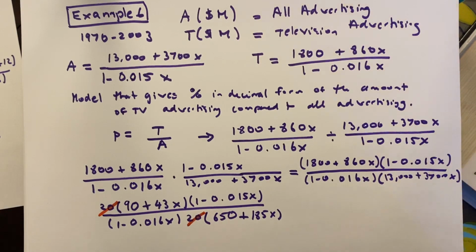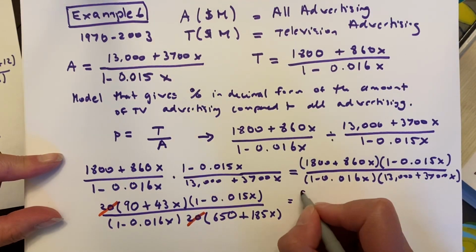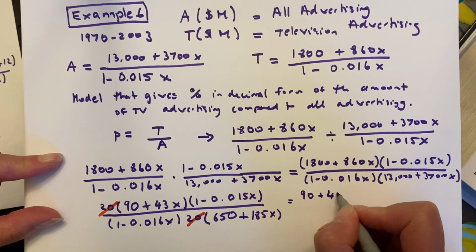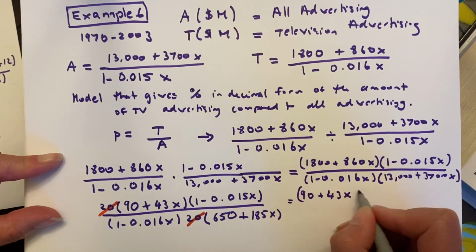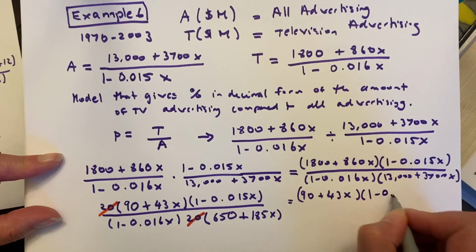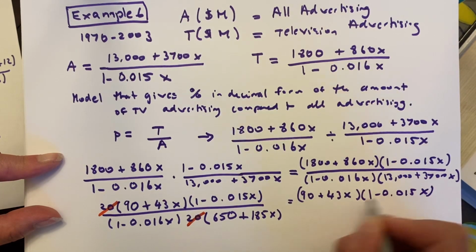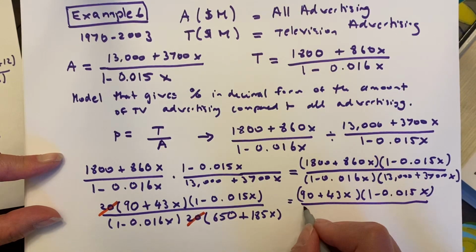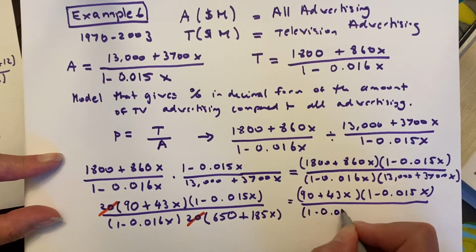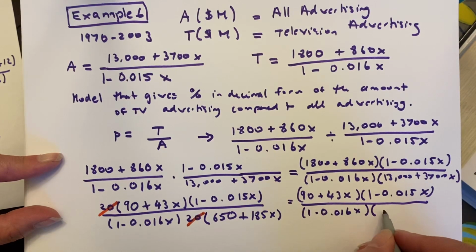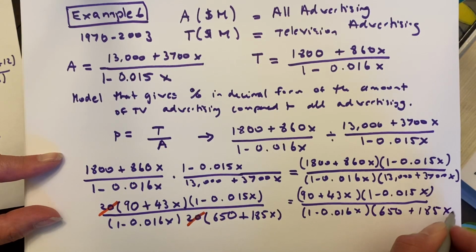And so you're left with this equation: (90 + 43x)(1 − 0.015x) over (1 − 0.016x)(650 + 185x).